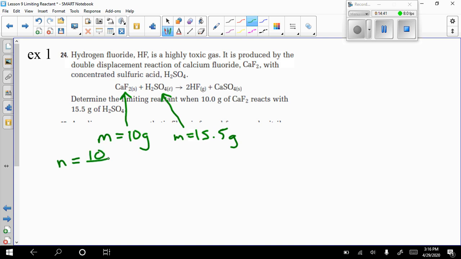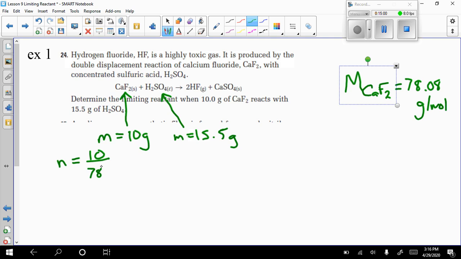Now, I've gone and done my calculations already. You could turn to your periodic table and figure out the molar mass of calcium fluoride. I've done this already, and I got 78.08 grams per mole. That's right from the periodic table. So I'm going to divide by 78.08. You take your calculator, 10 divided by 78.08, and that turns out to be 0.128 moles.